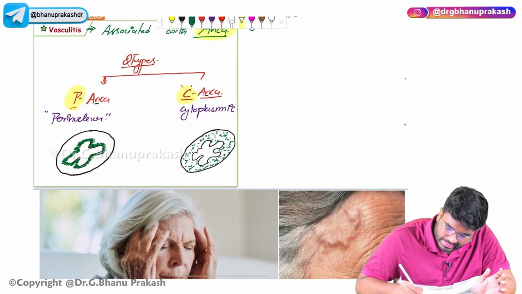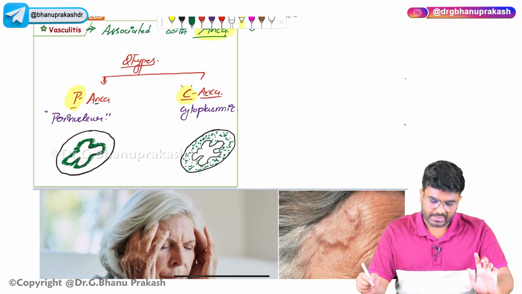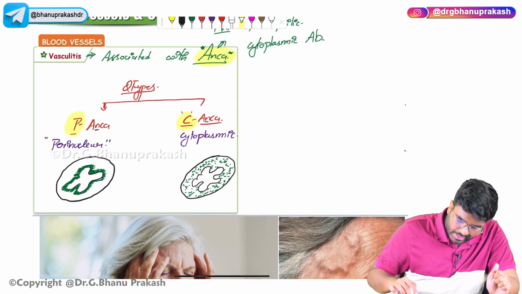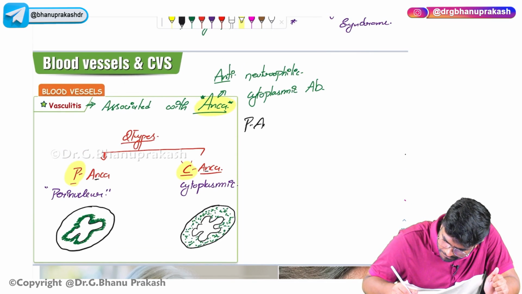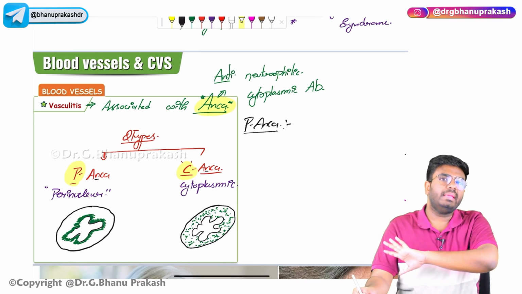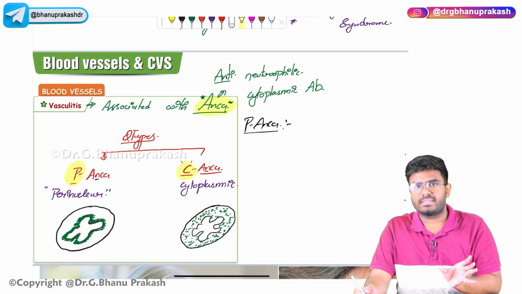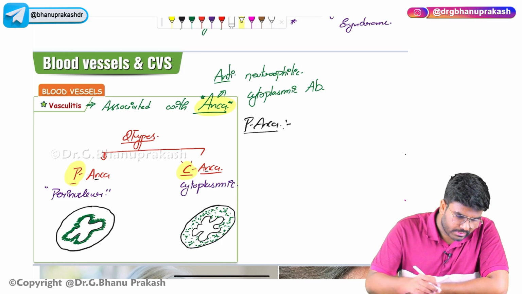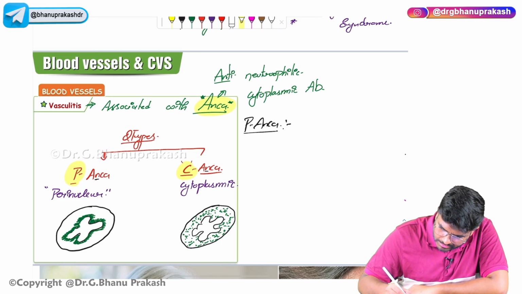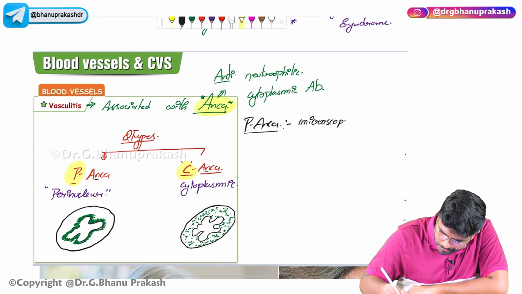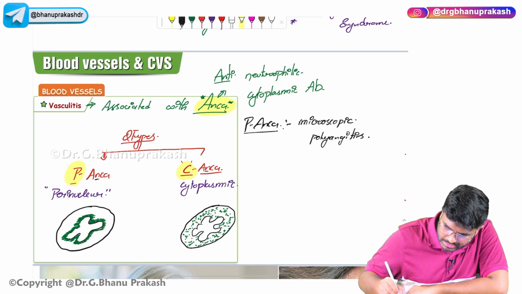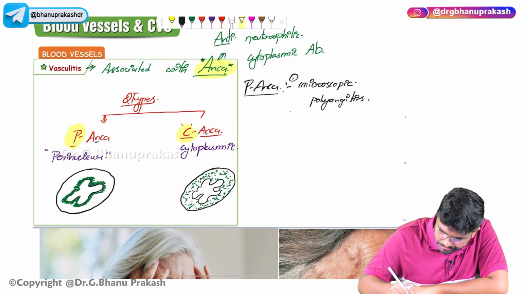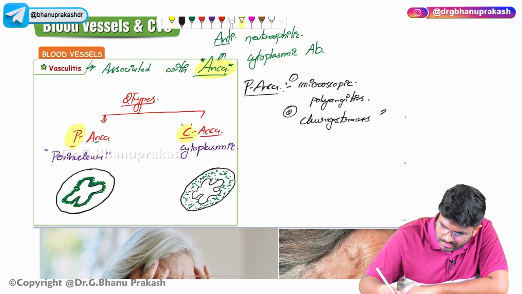So P ANCA and C ANCA are seen in certain types of vasculitis. For exam point of view, you should know in which type of vasculitis P ANCA is seen. P ANCA is seen in many other conditions also, but in vascular disorders it is seen in microscopic polyangiitis, as well as Churg-Strauss syndrome.